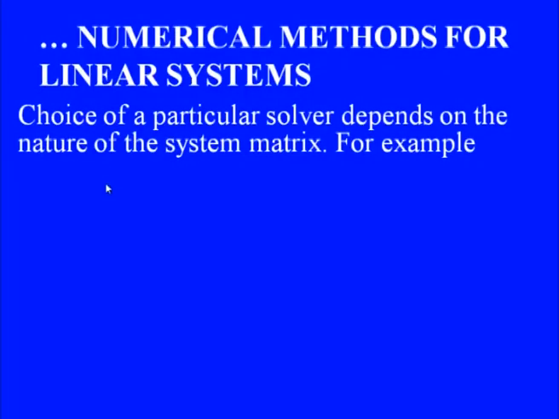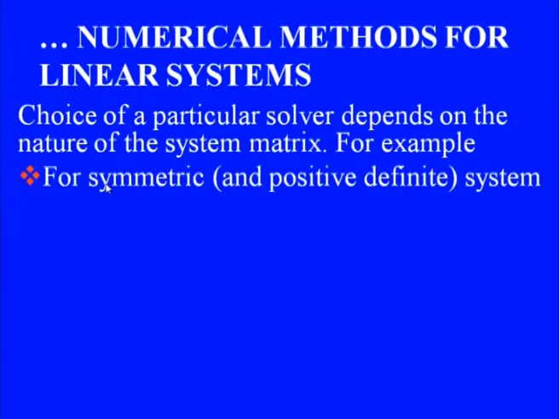CFD. Now, which particular solver we would use in our numerical code will depend on the nature of the system matrix. For example, if our system is symmetric and positive definite, this would be the case if we had used center difference approximation for a Poisson problem, and similarly if you use a Galerkin finite element process for any Poisson equation.